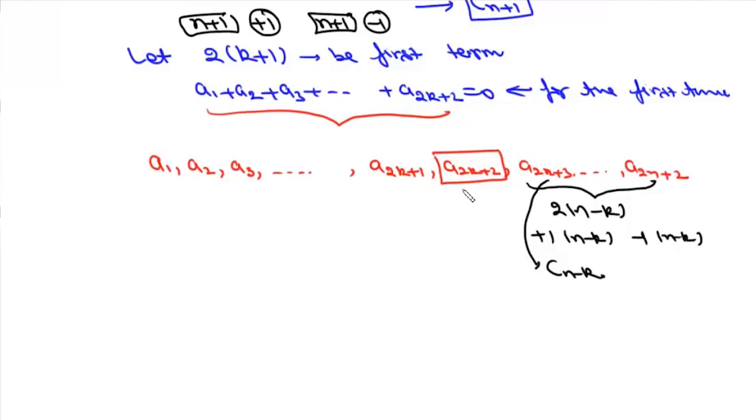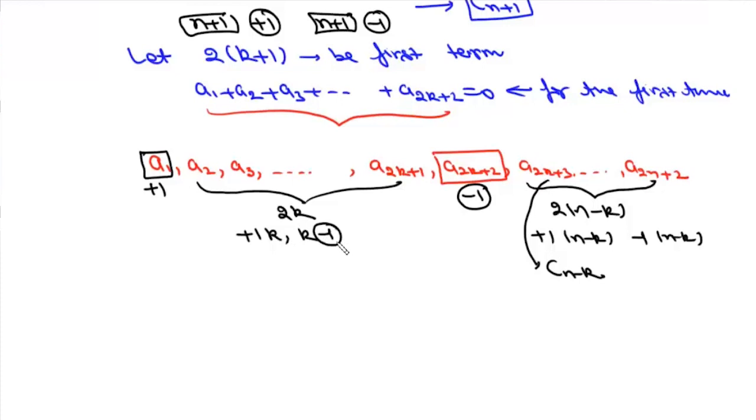Now here in this sequence, this a(2k+2) has to be minus 1, and a1 is plus 1. So we already know a1 is plus 1 and a(2k+2) is minus 1. Then we are left with this sequence of 2k numbers having k plus 1s and k minus 1s.